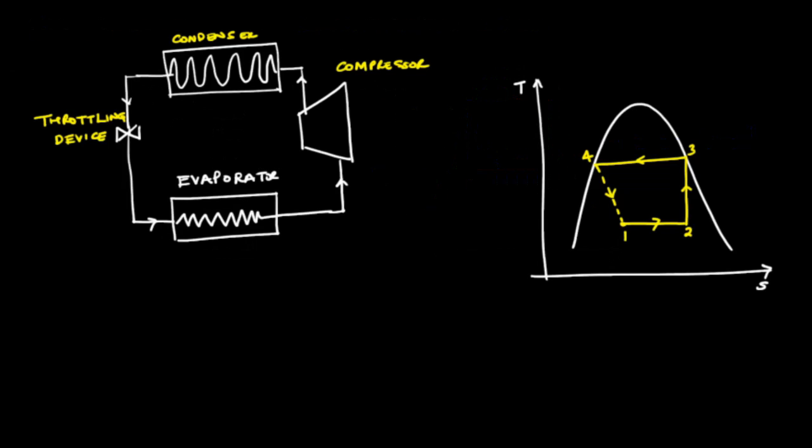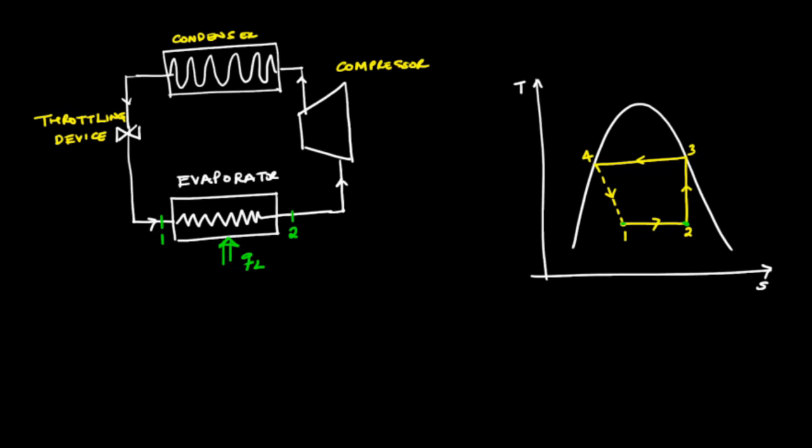This cycle can be executed in this simple vapor compression refrigeration system. The process 1 to 2, that is absorption of heat from the refrigerated space, takes place in the evaporator section, where the inlet is state 1 and the substance exits the evaporator at state 2.